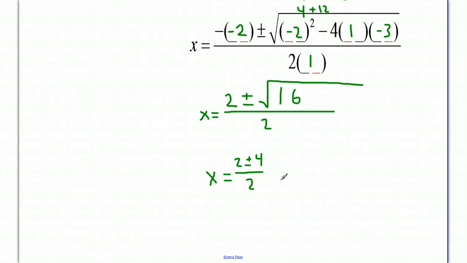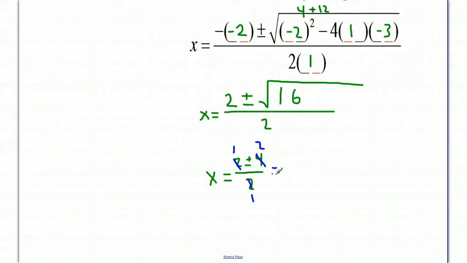Or if we wanted to factor things out, we could do that. But I'm going to take from every single one of the 3 terms here. So there's a 2 on top, which becomes a 1, 2 on bottom, which becomes a 1, and a 4, which becomes a 2. If you're ever going to do canceling like this, you always have to make sure you take from every single term, all 3 of them in this case.